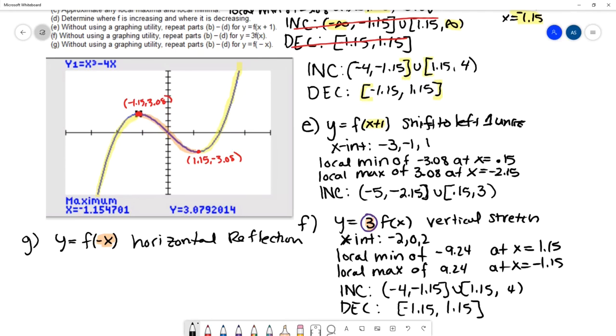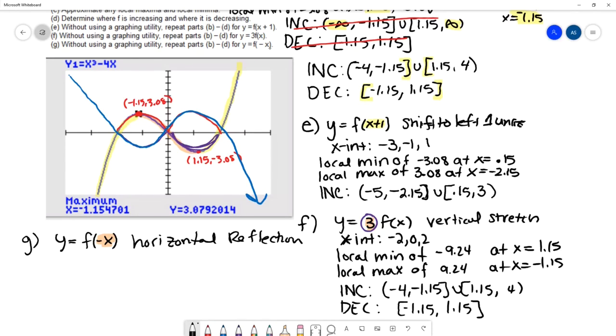So since we have the graph up here, what that horizontal reflection will do, it will take the hump that you see on the left, and it's going to be now on the right, and this hump that we see down here, I guess this valley part right here, will be over here. And so our overall picture will look something like this when we do that horizontal reflection.